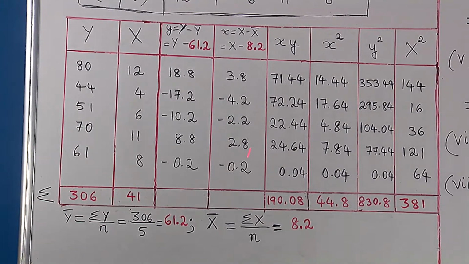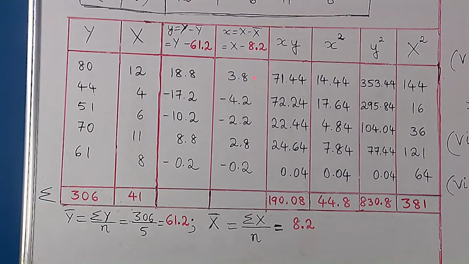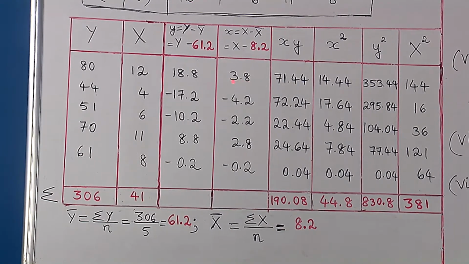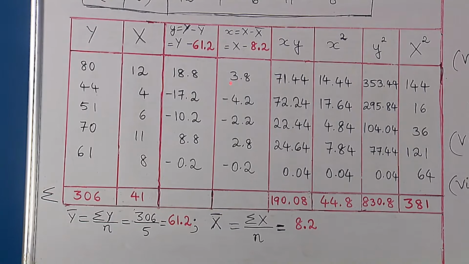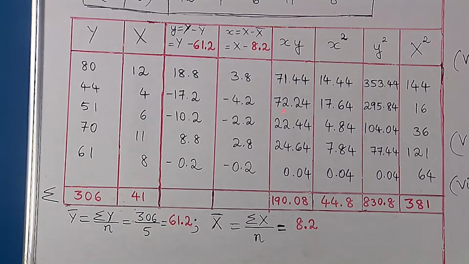After finding the deviations, we move on to the next element, x into y. So, this is small x and small y multiplied together. Here, in the first case, small x, 3.8, multiplied with 18.8 gives us the answer 71.44. Similarly, minus 4.2 into minus 17.2 gives us the result 72.24.